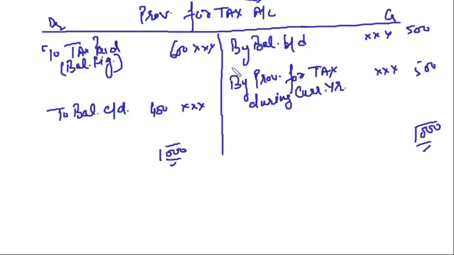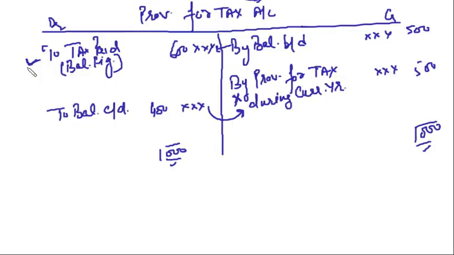If we are not given the provision for taxation during the year, we assume the opening balance is paid as tax, and the closing balance is the provision created during the year. But if we are separately given the provision created during the year, then we will calculate tax paid as the balancing figure from the provision for taxation account. Clear, friends?